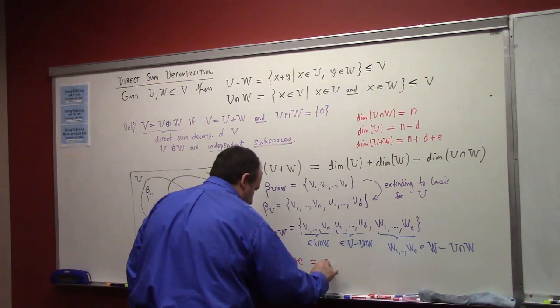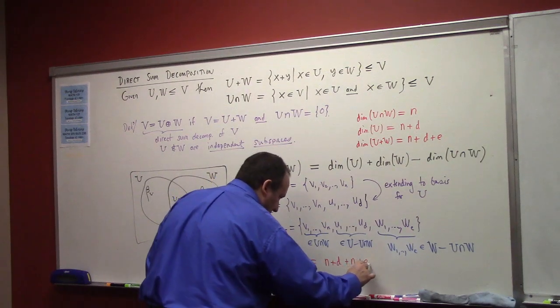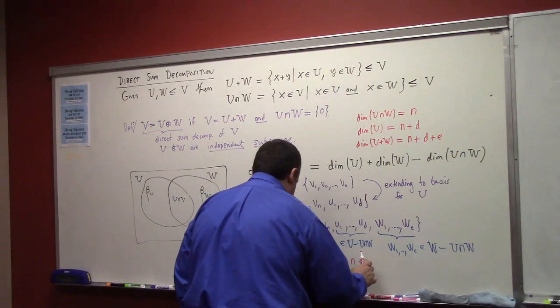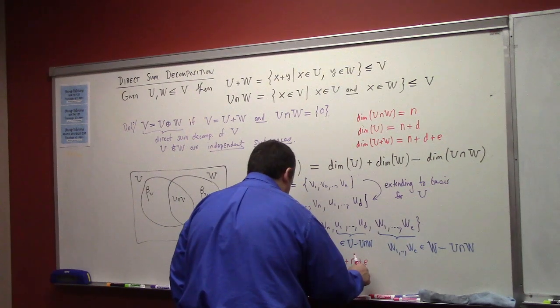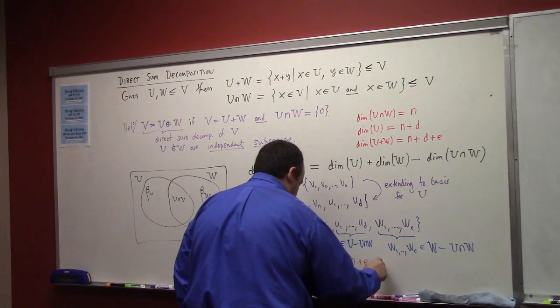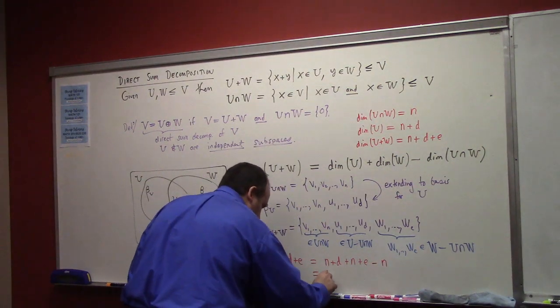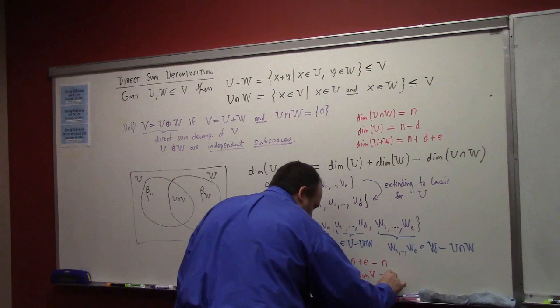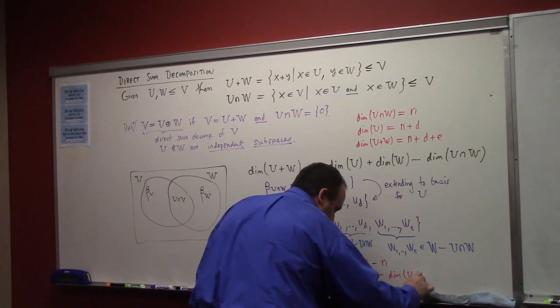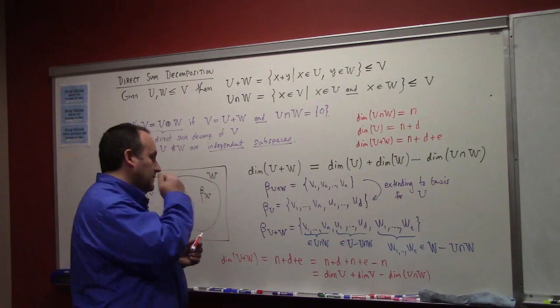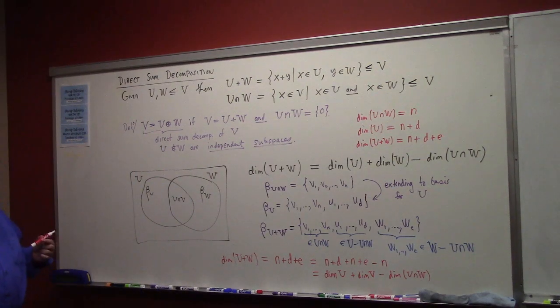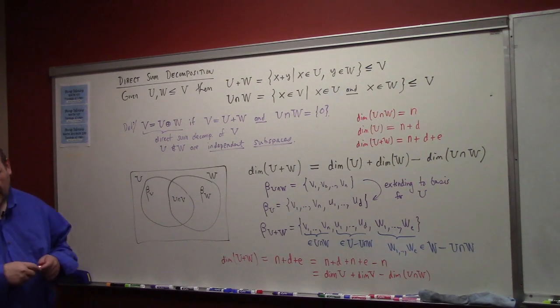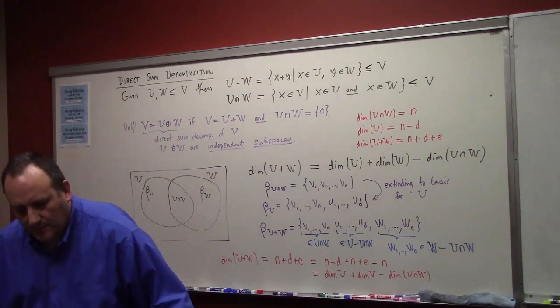Which is equal to n plus d plus n plus e minus n, right? Which is exactly the dimension of U plus the dimension of W minus the dimension of the intersection. And we need linear independence to show that it is in fact a basis for U plus W.